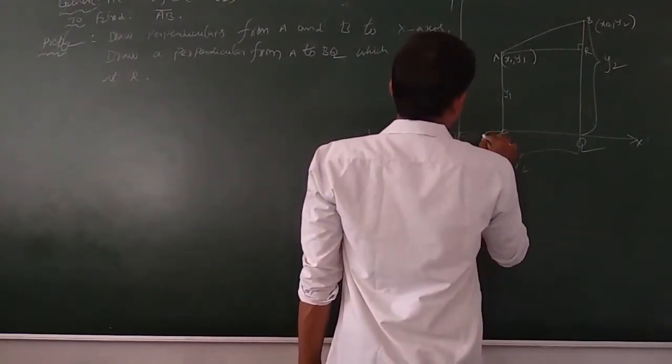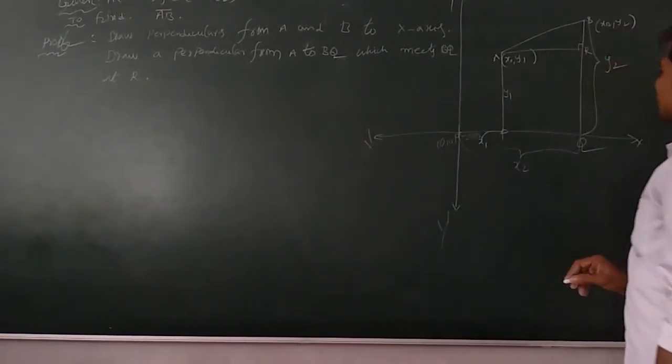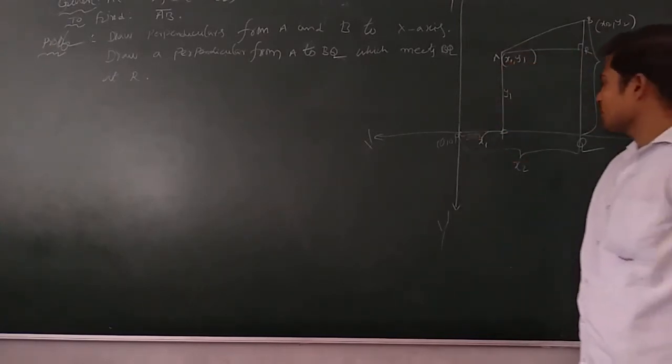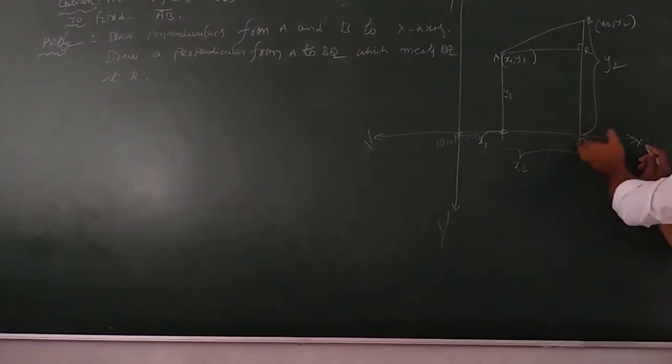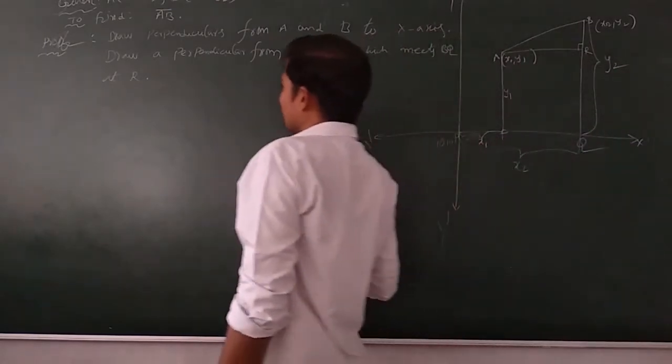X1 is only OP. Right? See, here all are perpendiculars. PQRA is a rectangle. And then PQ is equal to OQ minus OP.